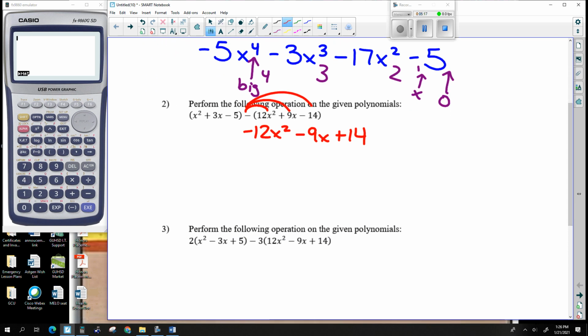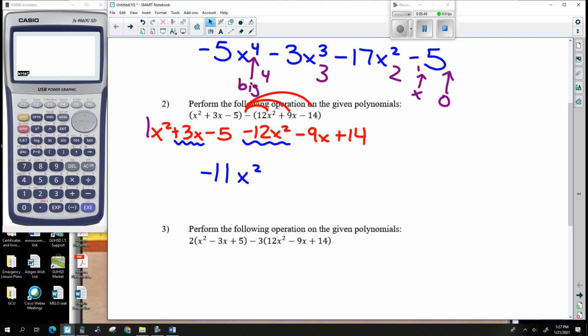All right, so in the second problem, I have an x squared, a 3x, and a negative 5 that are not touched. And it's subtracting, so I bring in the subtraction. Now I can handle my business. Numbers that are by themselves have a 1 in front. So I start with my largest exponent, that is x squareds. So x squareds are 1 and negative 12, so that would yield a negative 11 as the x squareds.